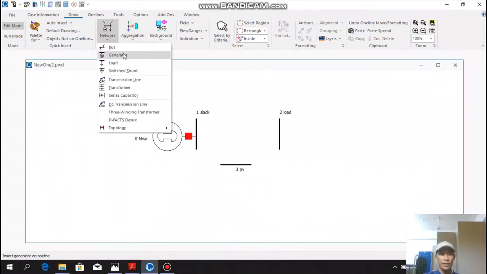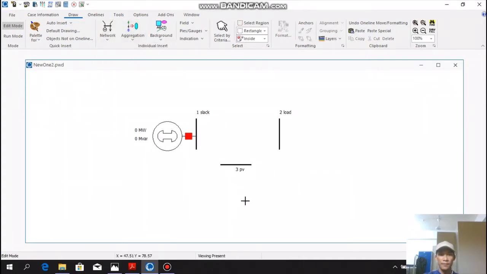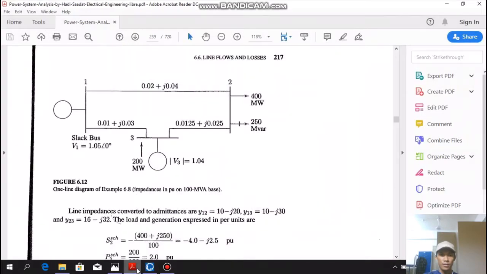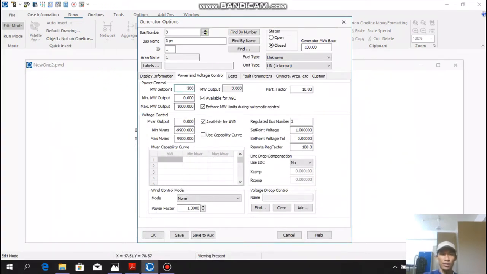Then the generator on the bus, the power is 200 watt.